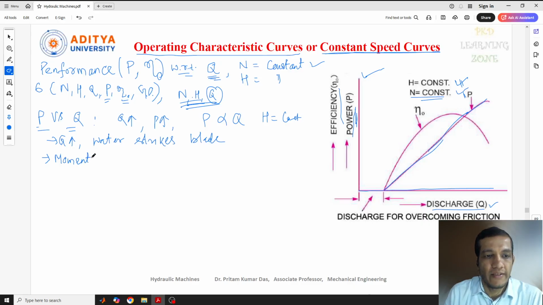The momentum transfer increases. So once momentum increased, the power and torque, here we need to consider torque and power, both will be increased, because once discharge increased, it's striking the blade with more force.